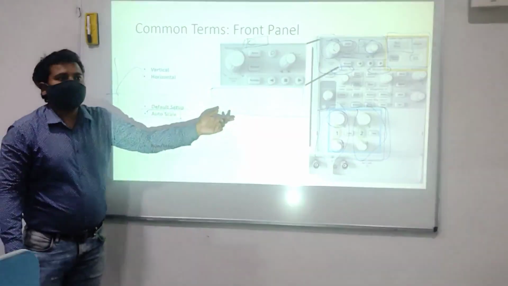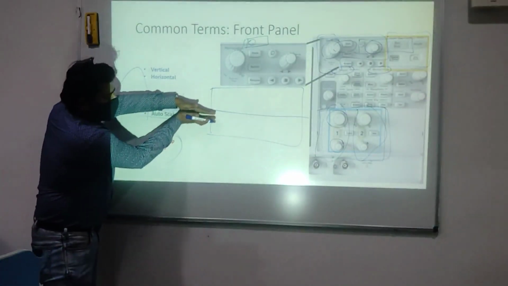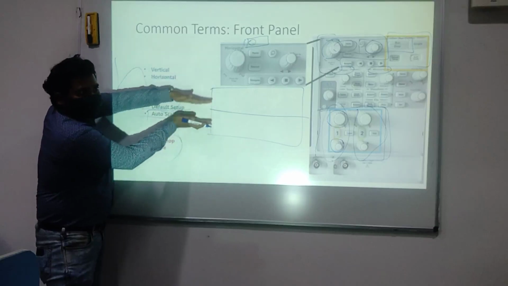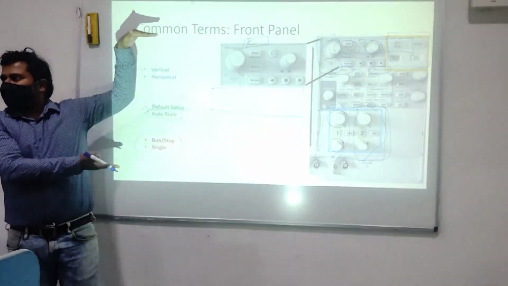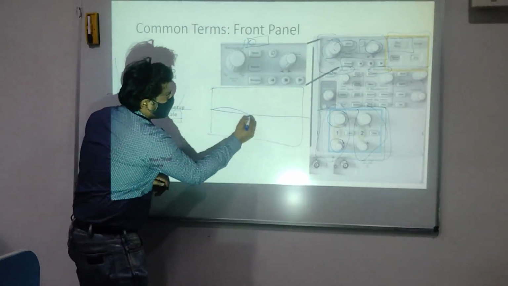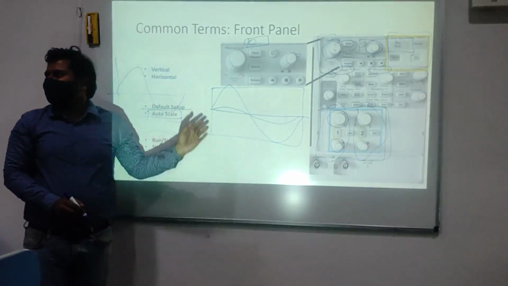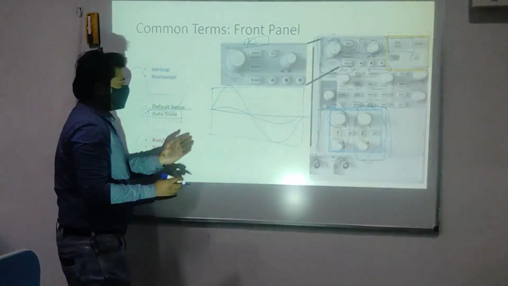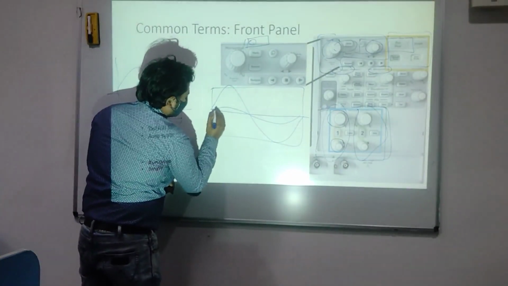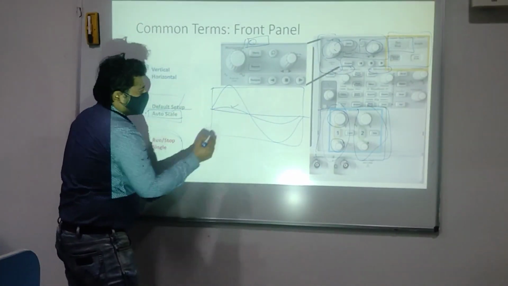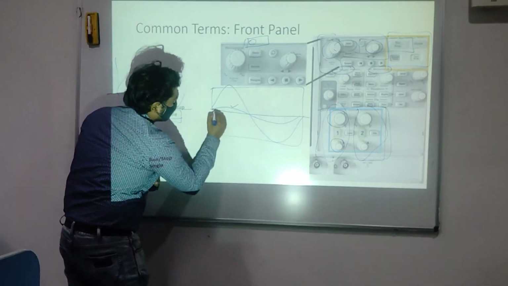So what can be the possible cause? You might not have adjusted the vertical division setting to see this signal this way. Is it possible, right? Instead of this, there can be another situation like this.